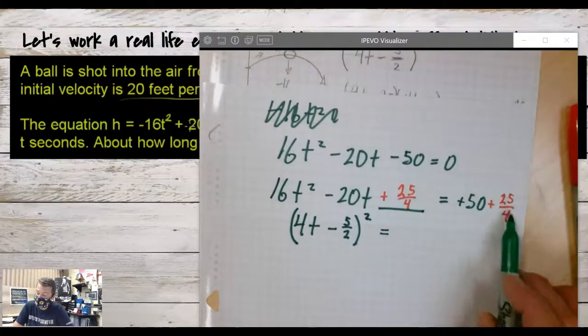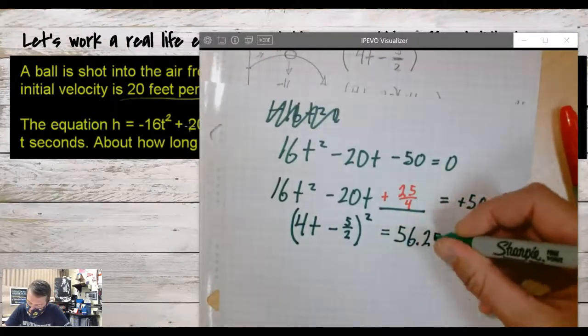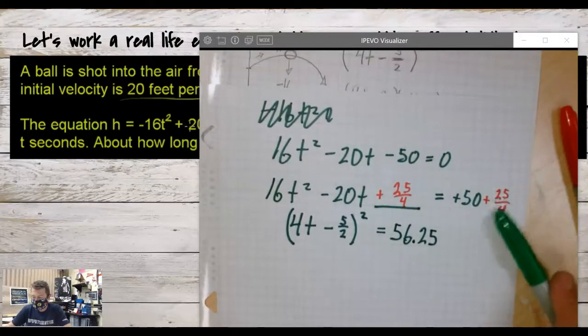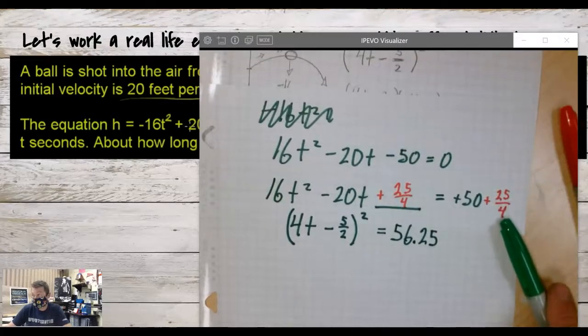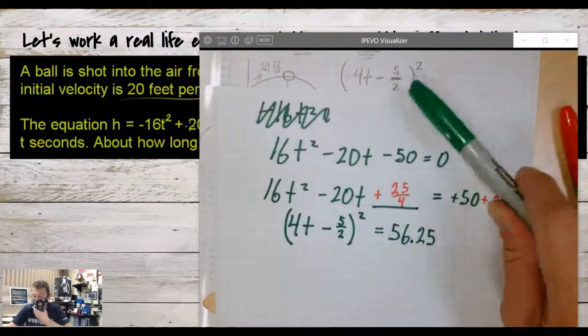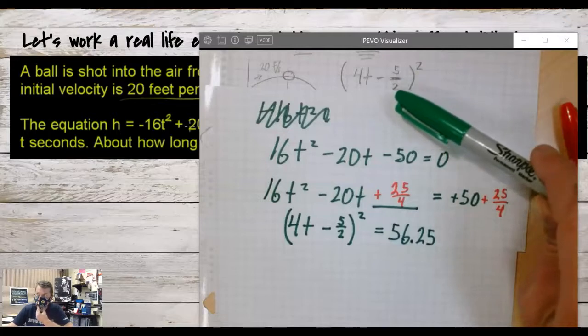Yeah, that's 6.25, so we get 56.25. Right, because what's written in red is 6.25. And that's what 2.5 squared is, 6.25. Is it? 2.5 squared is 5 halves, and that would be 25 over 4. Yeah, it must be.